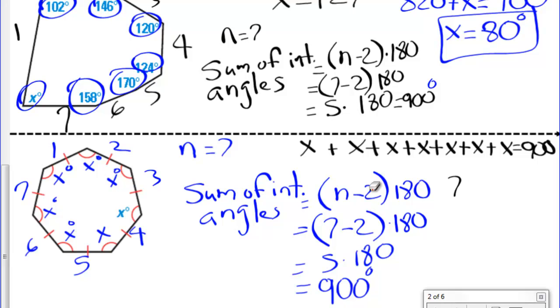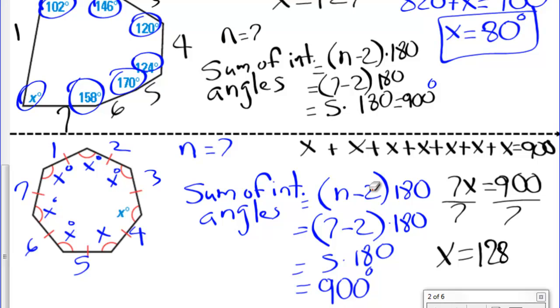So we have 7x equals 900 degrees. Divide both sides by 7, and we get our answer. So x is equal to what? So I get 128. We round it to the nearest whole number. Let's round it to the nearest hundredth: 128.57 degrees. And I'm done.